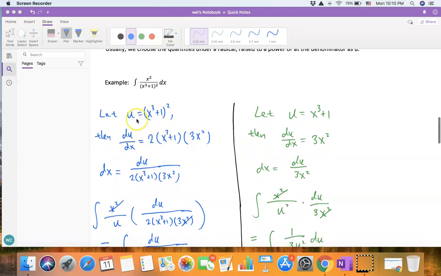So let's look at the first person. Once we decided U to be this, the second thing is to figure out how to write du over dx. During this process, we just take the derivative of this function.